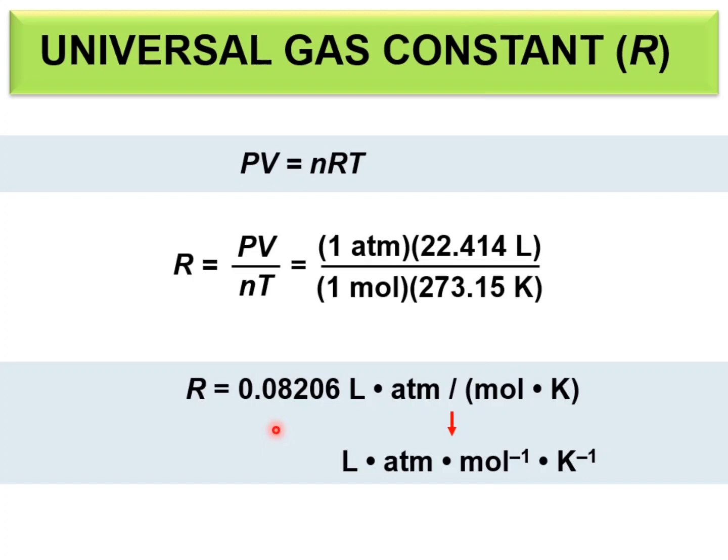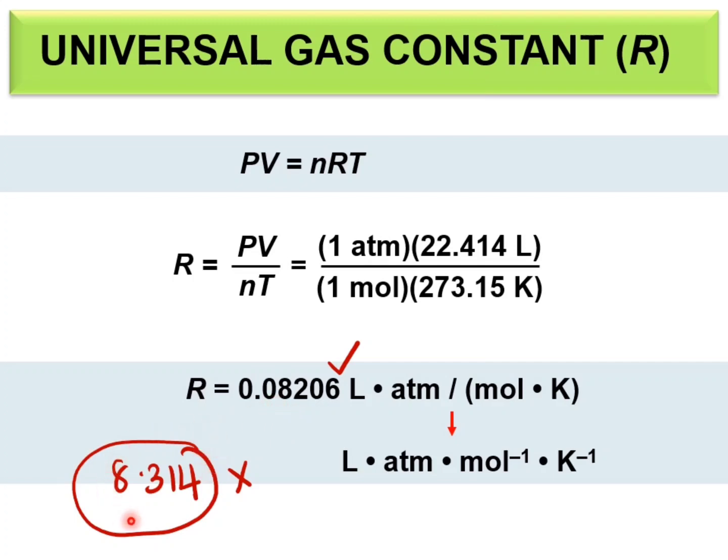Okay, but class, be careful. The universal gas constant values in the list of constant values ada dua. Ada dua nilai. Satu lagi adalah nilai dia 8.314. But this value kalau boleh saya tak galakkan awak gunalah. Okay, make sure you stick pada satu nilai sahaja supaya awak tak pening.